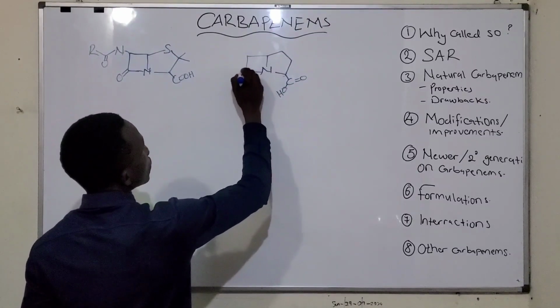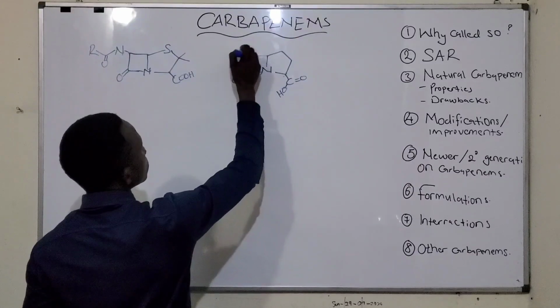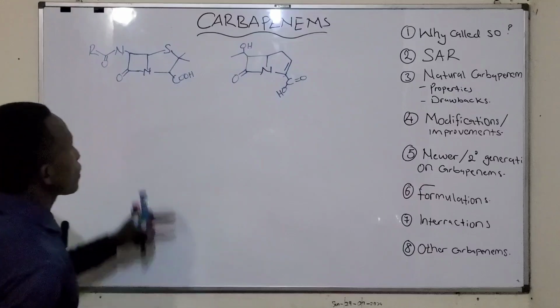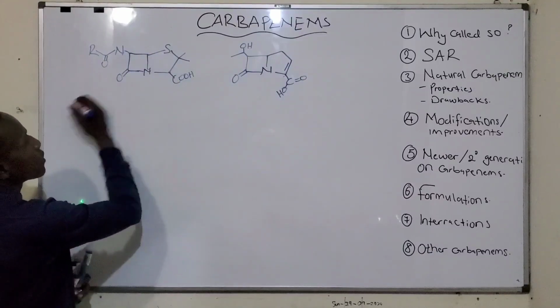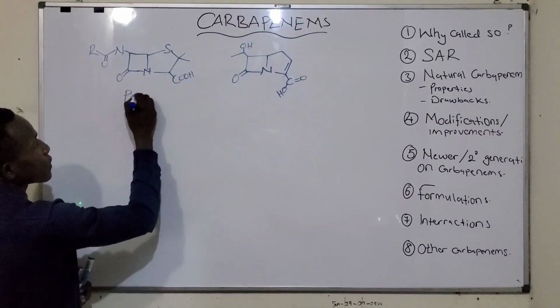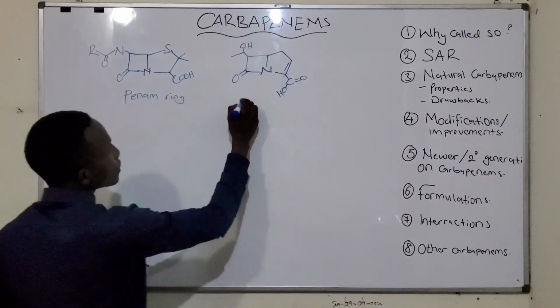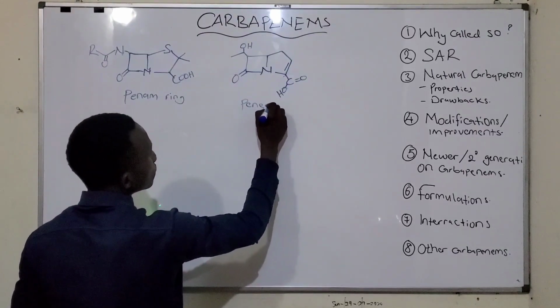This is the general structure for carbapenems. This ring is called the penem ring. And this is penem.